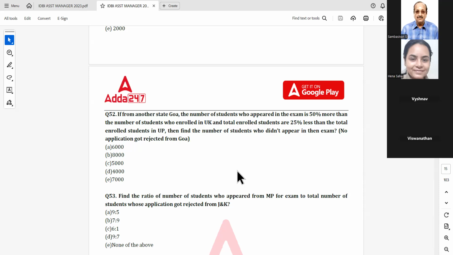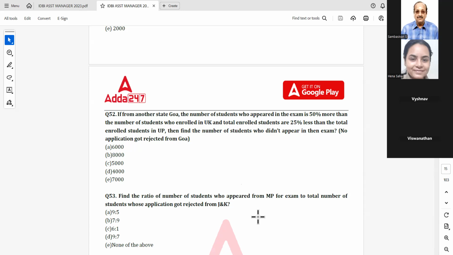Correct? And then number of enrolled is 25% less than enrolled students in UP. Enrolled students in UP, how much? 48,000 students will be there, sir.